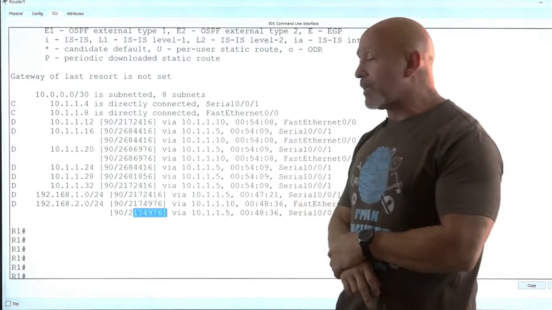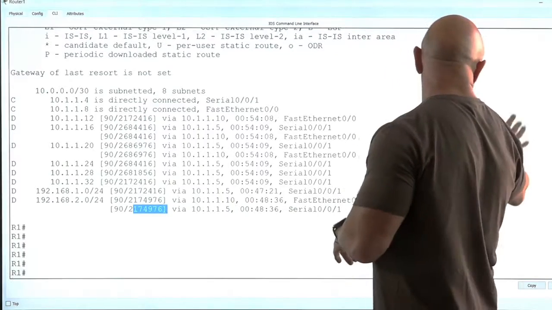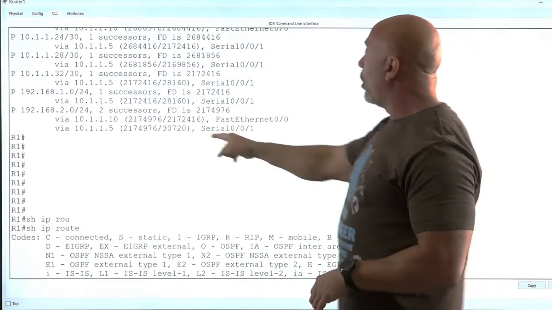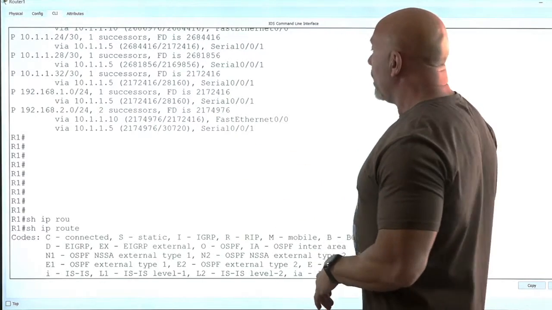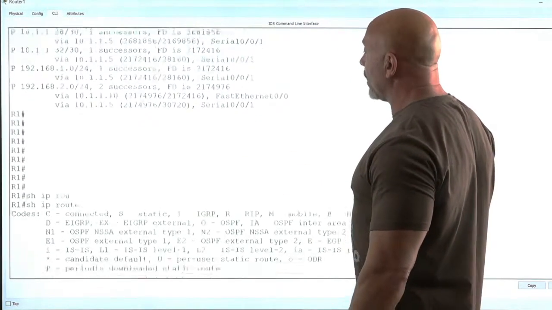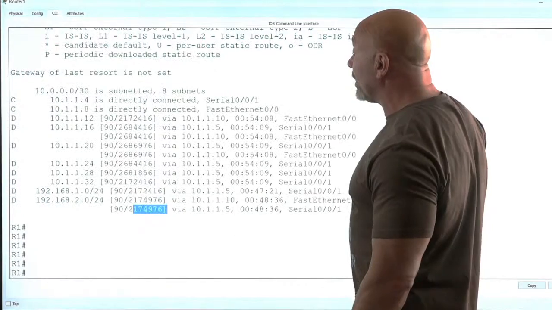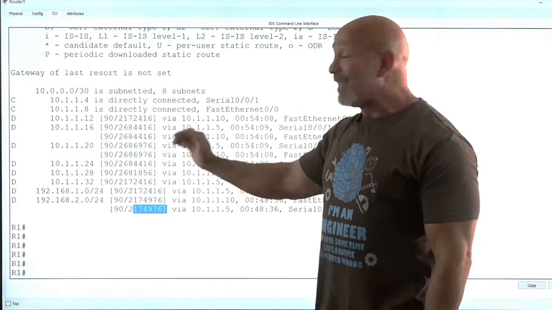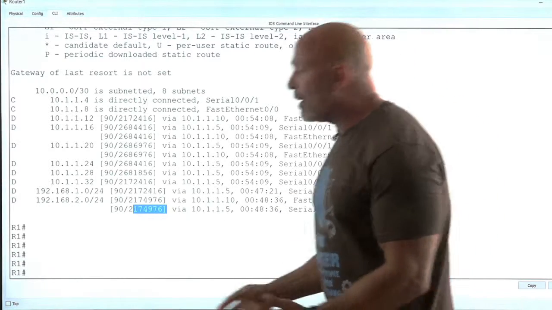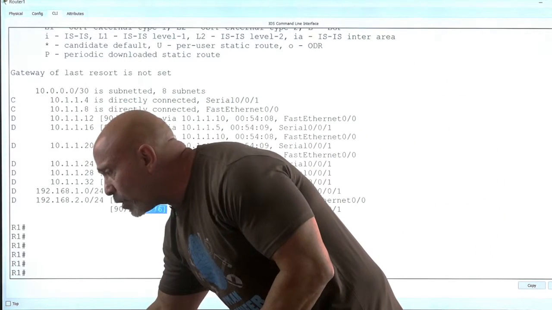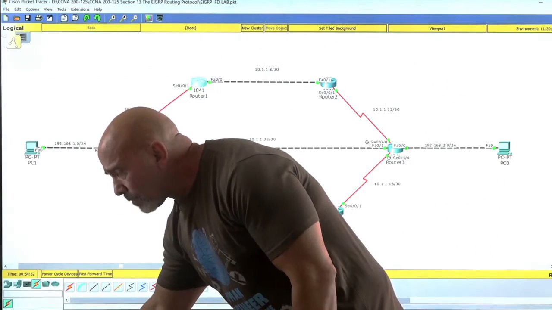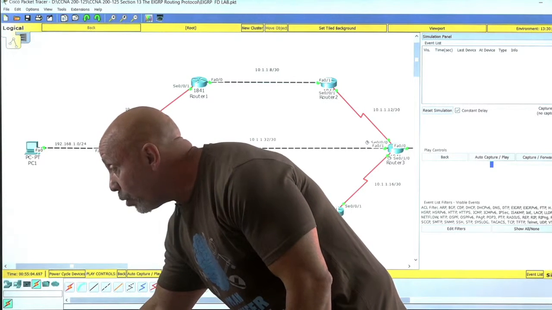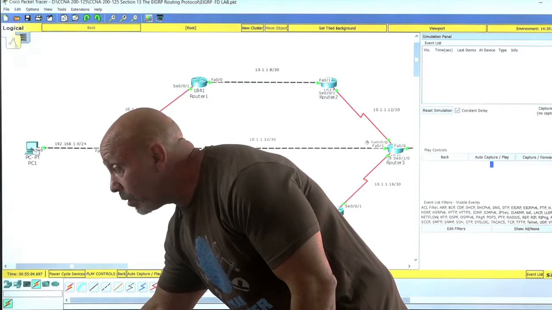That 37160 that we saw in the topology table, and if we scroll down, that 30720 that we saw, it's not going to come into play at all, because the feasible distance is this number that we're looking at, and the feasible distance is the best path. Well, Laz, how can that be the best path if the other number is lower? Well, let's take a look to see exactly which way it's going to go.